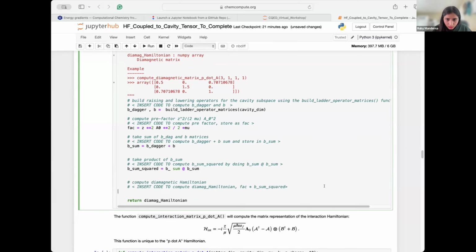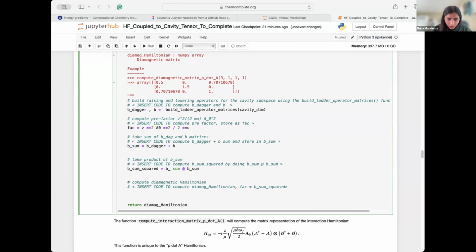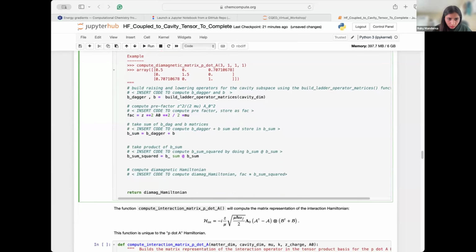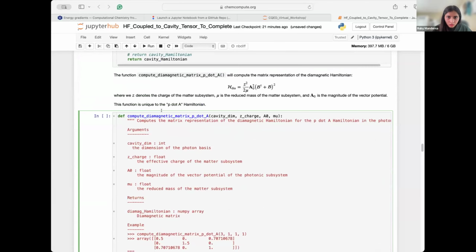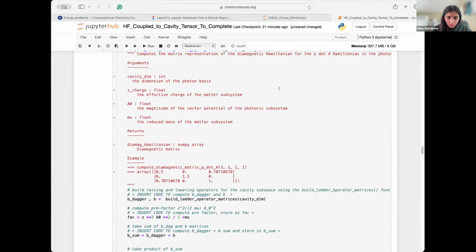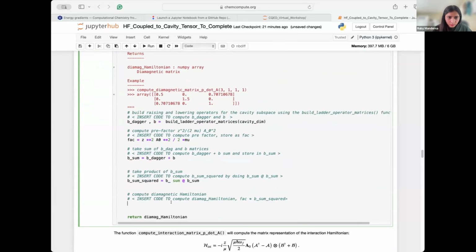And now we will simply put all these terms into this equation and calculate our diamagnetic term.